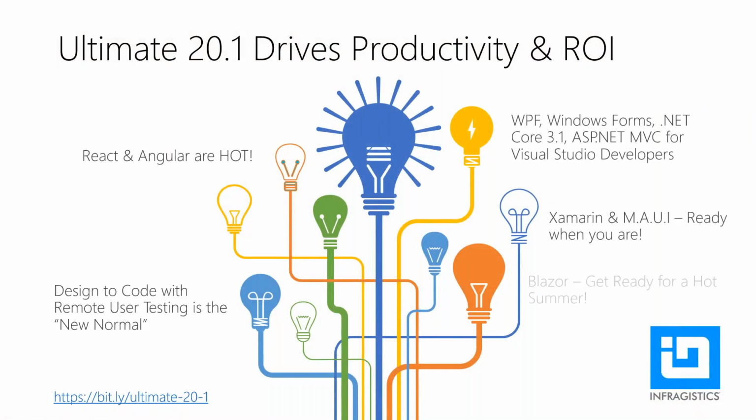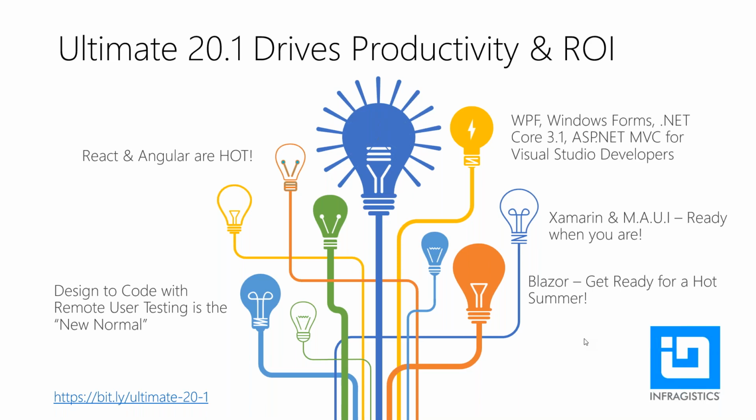The main story is here around Ultimate 20.1: it drives productivity and ROI. That's our goal with every release for you. And keep in mind, everything we ship is based on what you have asked for. So when we think about what's happening with 20.1, React and Angular are hot. Design to code with remote user testing is the new normal.